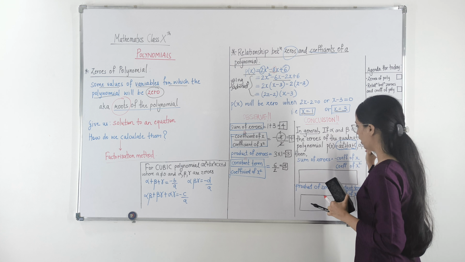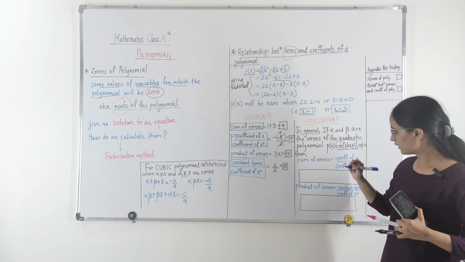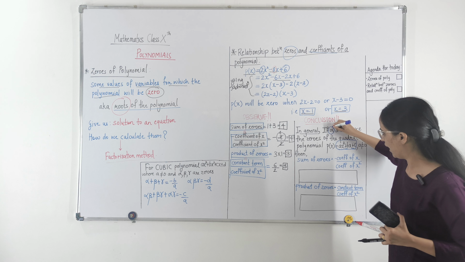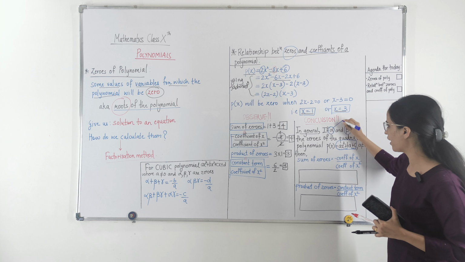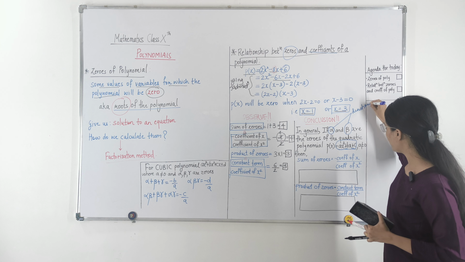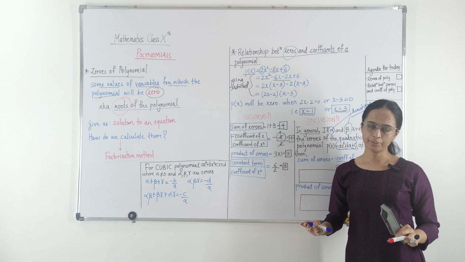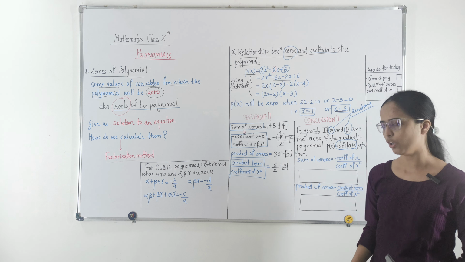This is the general notation for a quadratic polynomial. Alpha and beta are just notations that have been taken because we are generalizing the relation for every quadratic polynomial.